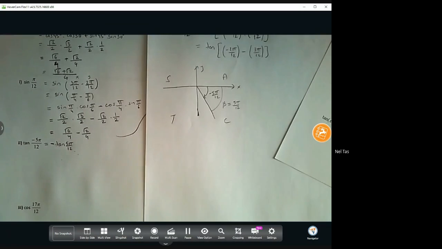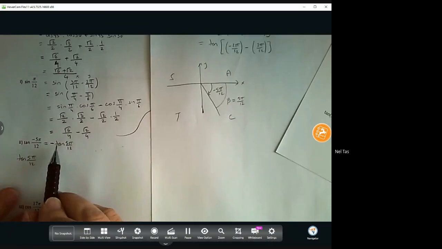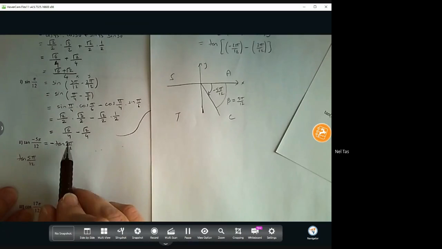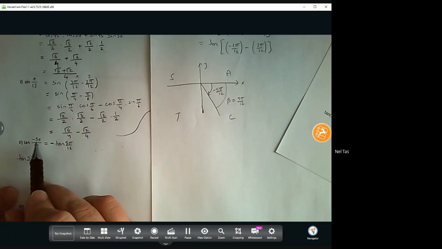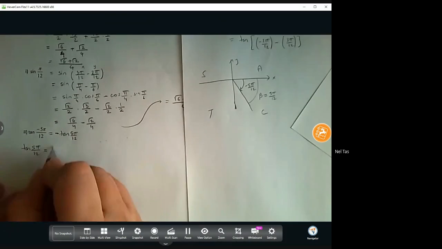Then this is what I will do. I will find tangent 5 pi over 12. And after that, at the end, I'm going to multiply that value by negative to get the answer for tangent negative 5 pi over 12. Okay, let's do that.